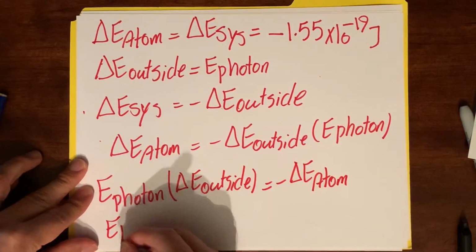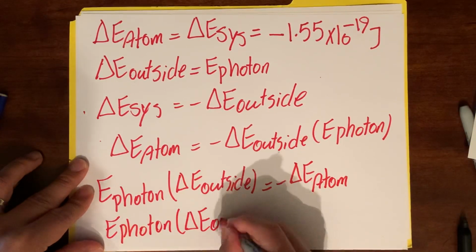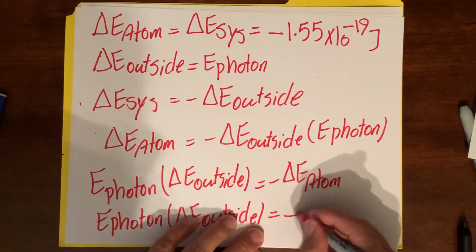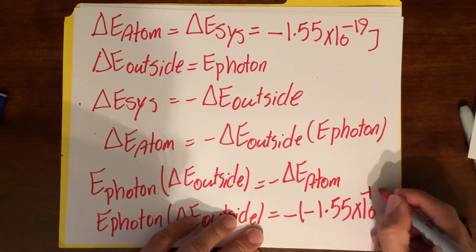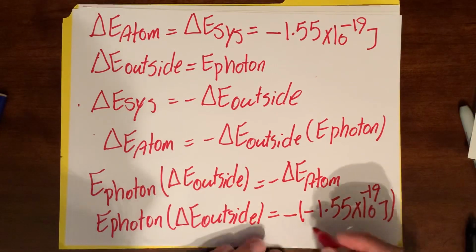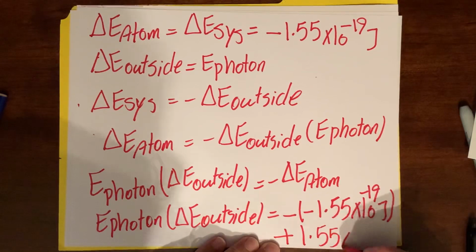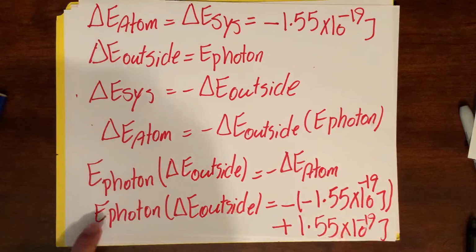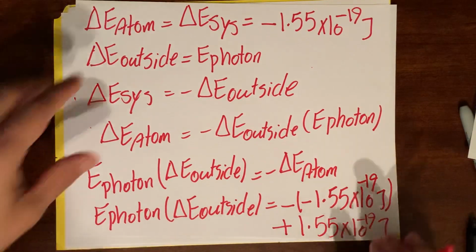Energy of the photon equal to minus of minus 1.55 multiplied 10 to the power of minus 19 joule. Now we have it positive. It's going to be plus 1.55 multiplied 10 to the power of minus 19 joule. So now we got energy of the photon equal to a positive number. Now we can calculate the frequency of this photon.